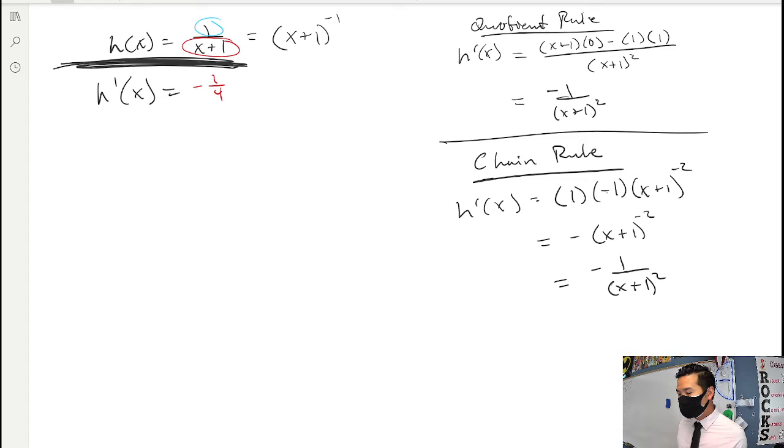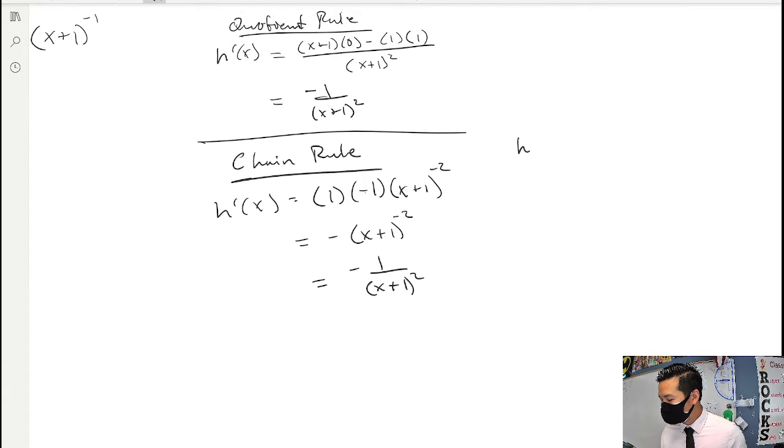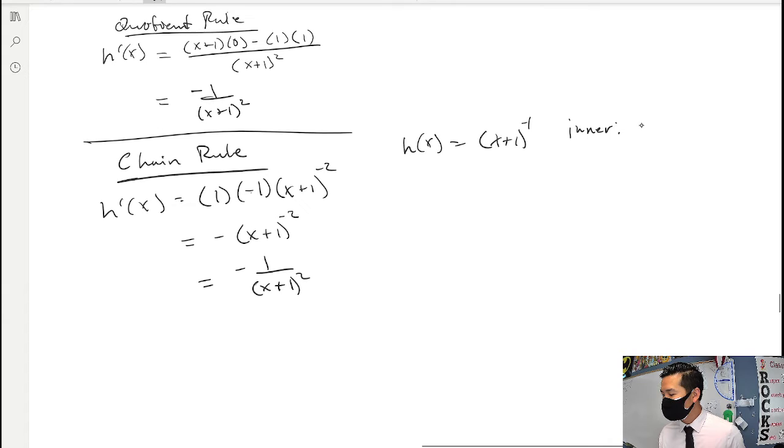If you're doing the chain rule, which I prefer, the original function, if you rewrite it, is x plus 1 to the negative 1 power. If you're going to chain rule, you have to do the inner function, and the inner function is x plus 1. Its derivative is just 1. The outer function is some stuff to the negative 1 power.